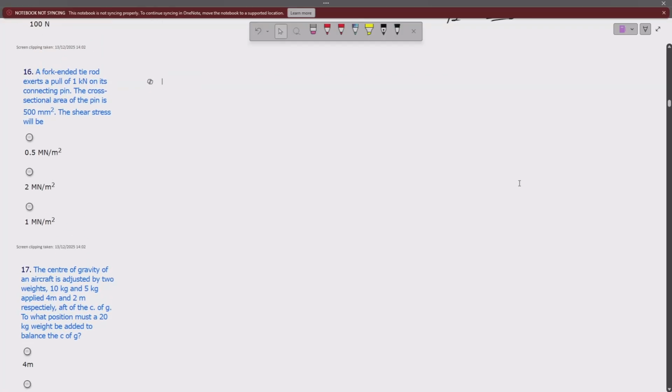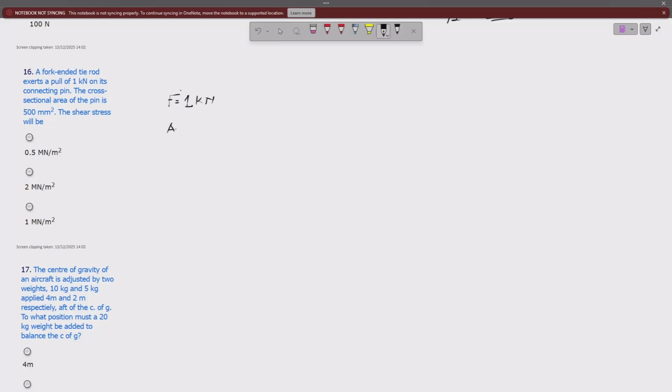Alright, question 16 says a fork-ended tie rod exerts a pull of 1 kilonewton on its connecting pin. The cross-sectional area of the pin is 500 millimeters squared. The shear stress will be, so you have the value for the force, which is force equals 1 kilonewton.